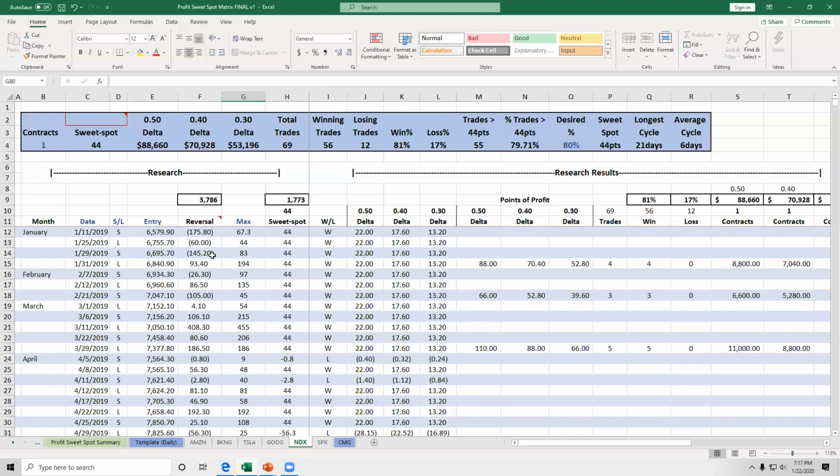Frankly, I don't know if you can withstand that emotional challenge, having your trades through January 29th, the first 3 trades, lose almost 400 points. That's really challenging. Whereas if you were using the sweet spot, all 3 of those trades were winning trades, capturing a 44-point move. So we just put the number up there.